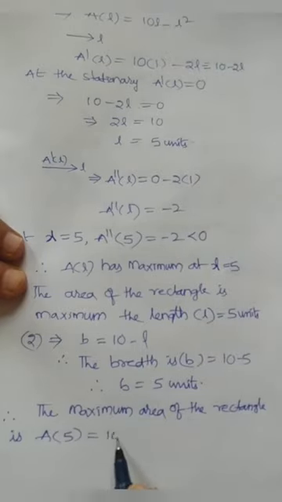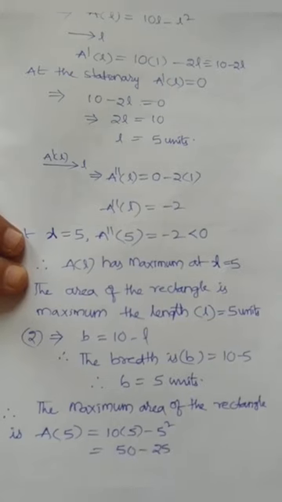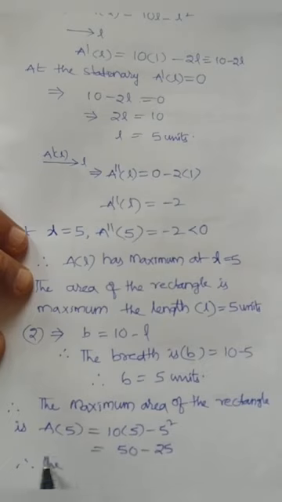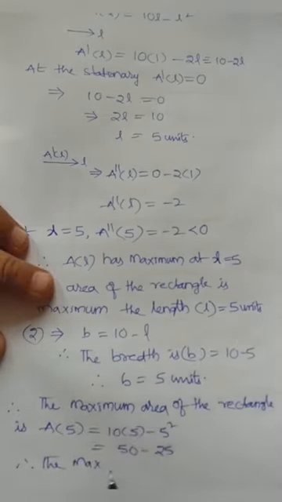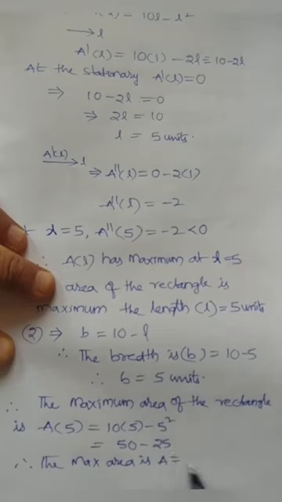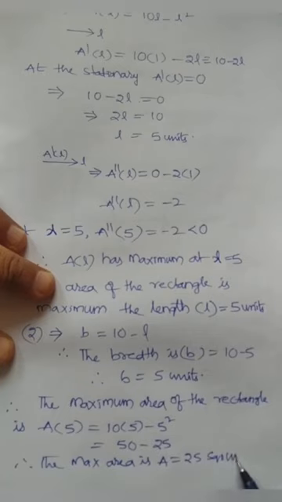So 10 into 5 minus 5 square, that is equal to 50 minus 25. So therefore the maximum area is capital A equals 25 square units.